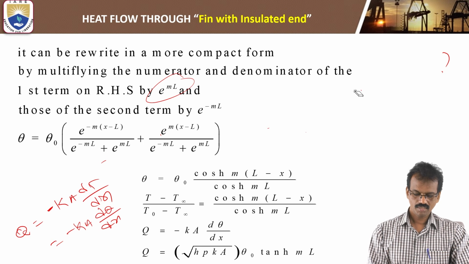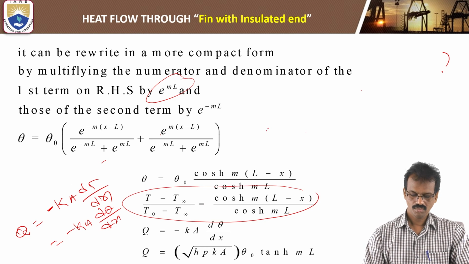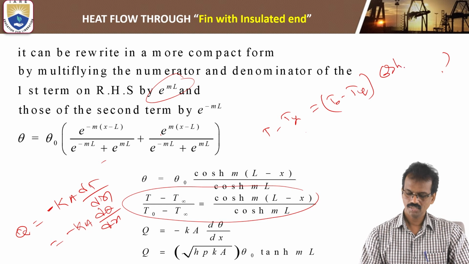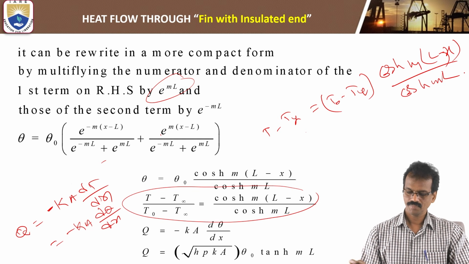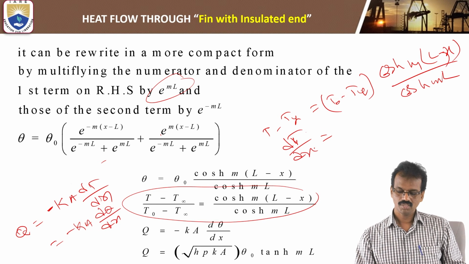So we already got the temperature equation: (T minus T infinity) by (theta naught, that is T naught minus T infinity) equals cosh m(L minus x) by cosh mL. Okay, so now differentiate this equation with respect to x.